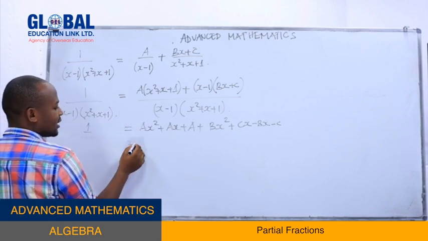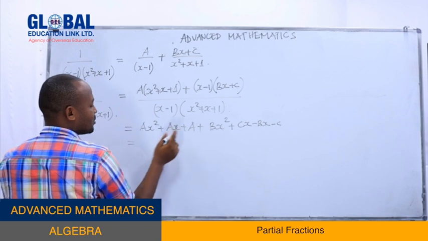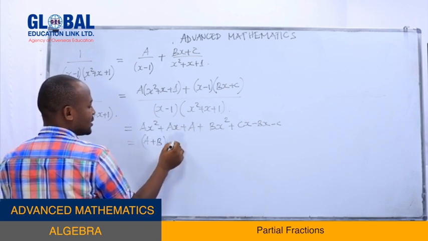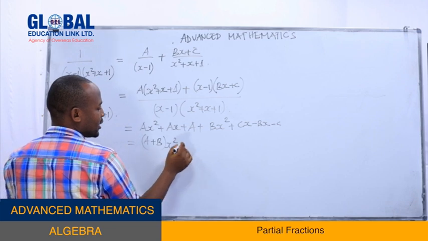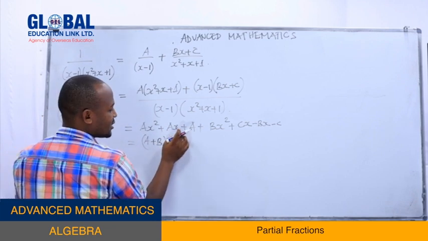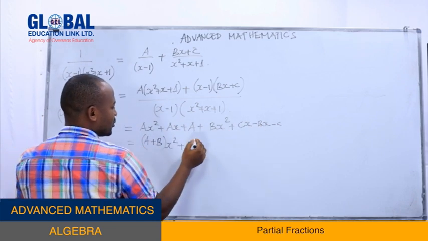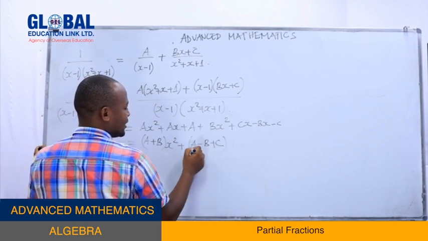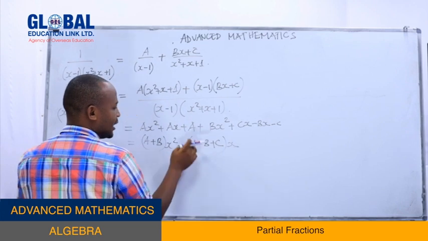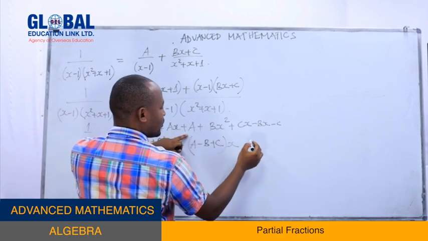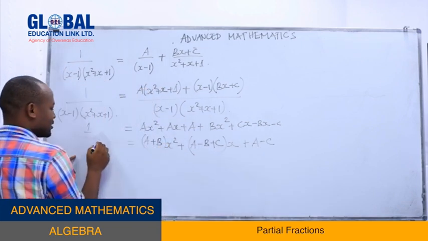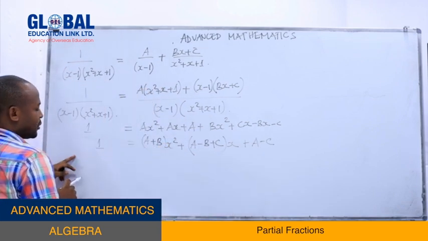Let's collect the like terms. The squares will be a plus b, and all of that is x square. Then the coefficient of x: a minus b plus c, and all of that is x. And the constants are plus a minus c, and all of that is equated to 1.